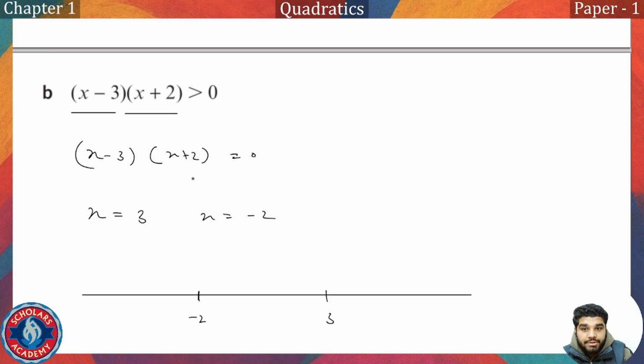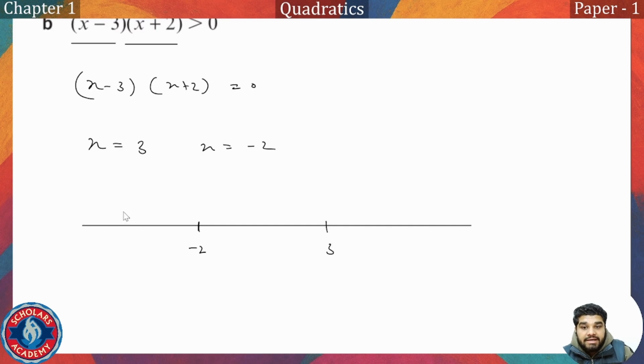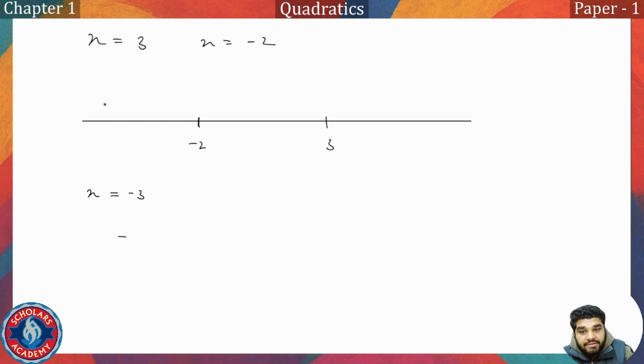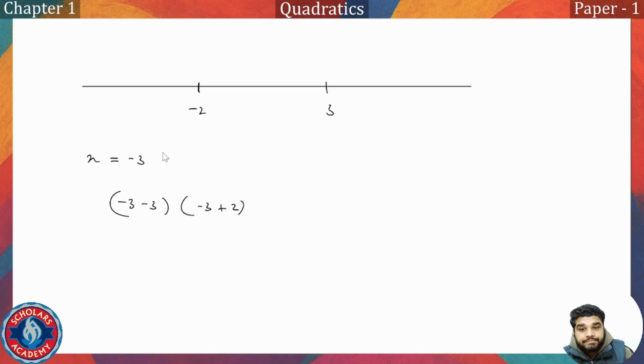Now, if we take any value from the first interval, let us suppose we take x equal to -3. If I substitute that, I get (-3 - 3) times (-3 + 2), which gives us -6 times -1, which is 6.